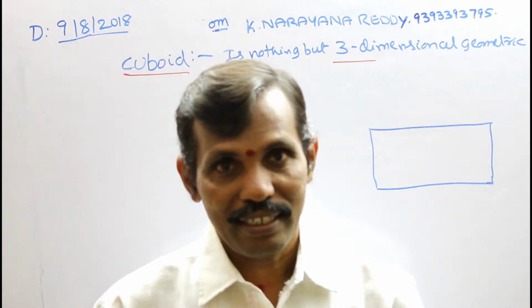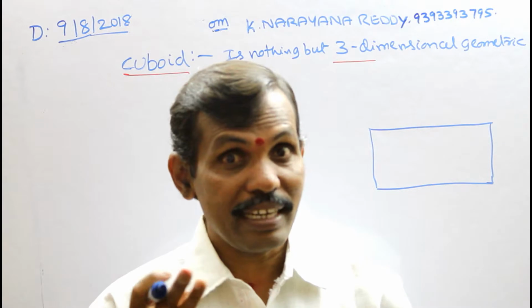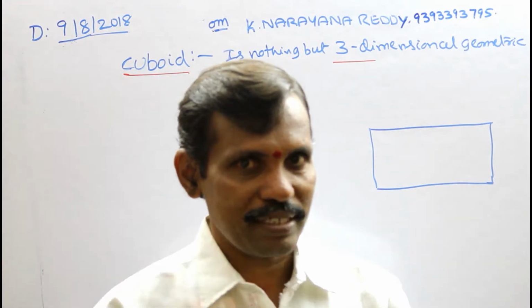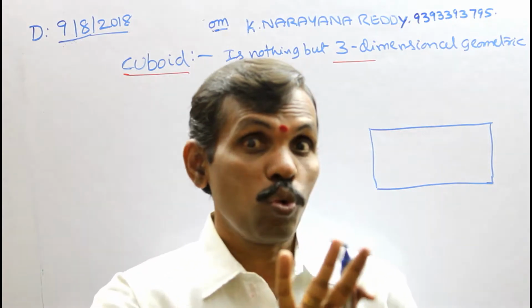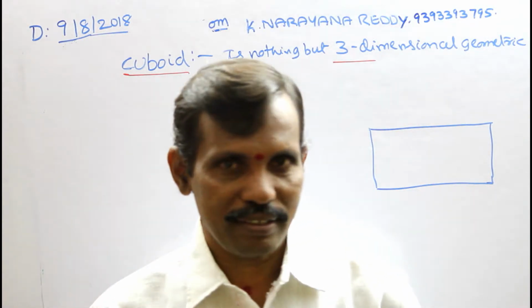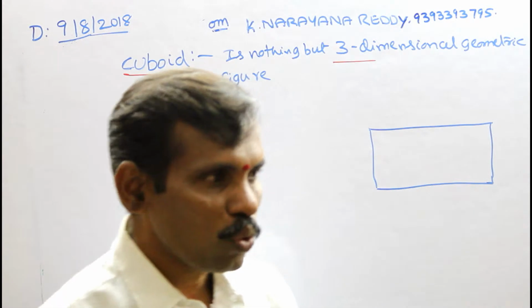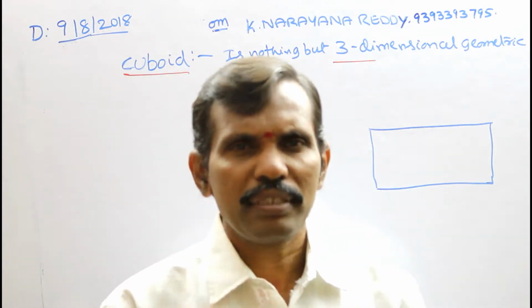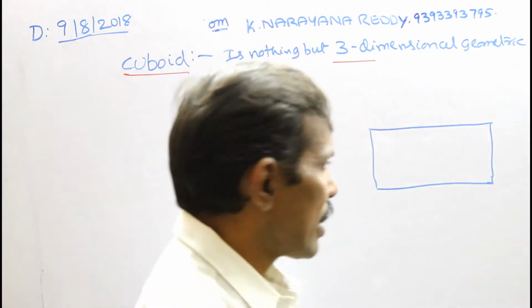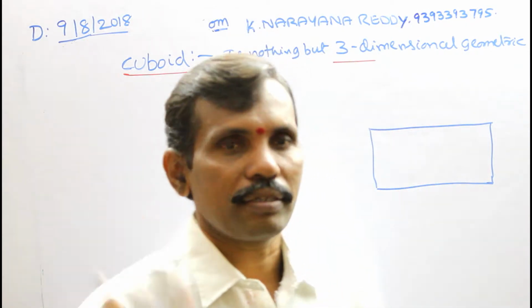Three-dimensional means which contains three dimensions, three measurements, that is length, breadth, height. That's the difference between two dimension and three dimension. Don't worry about that. Dimension is nothing but measurement.